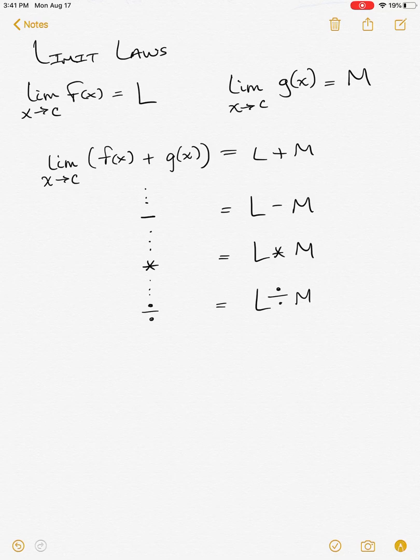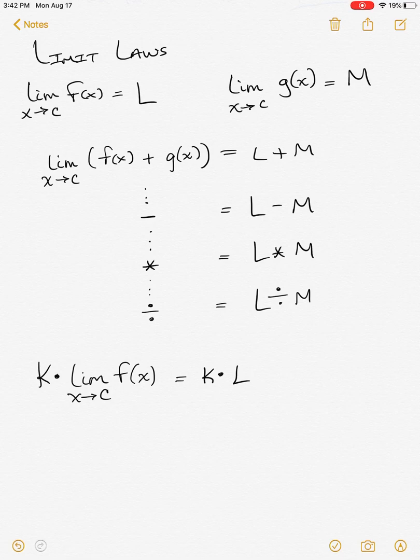And then let's say we wanted to multiply our limit by a constant. Nothing hard about that. Let's say we have a constant k out front. k times the limit as x approaches c of f of x is equal to the limit as x approaches c of k times f of x, which is k times L. That easy.